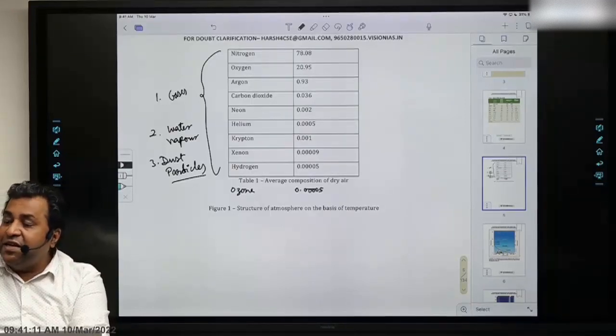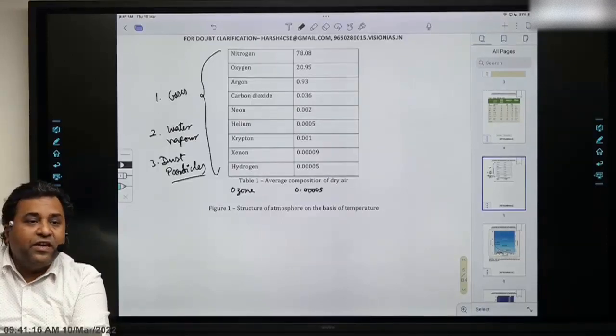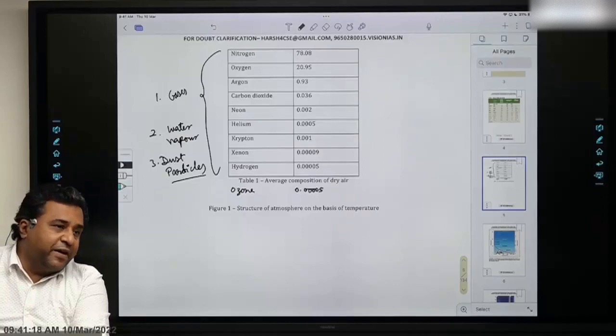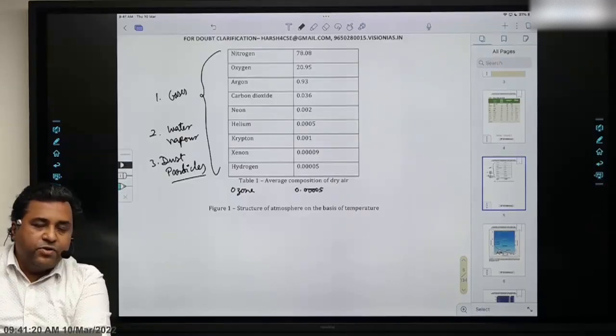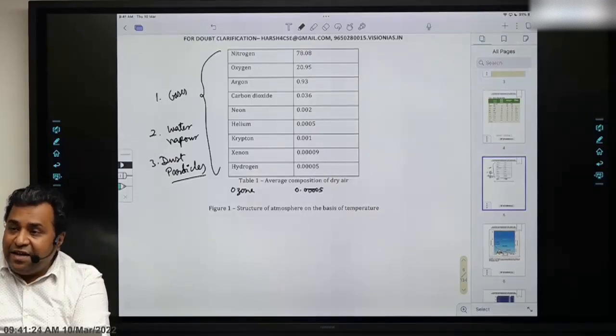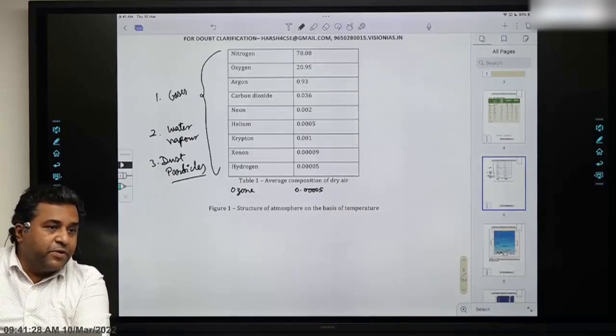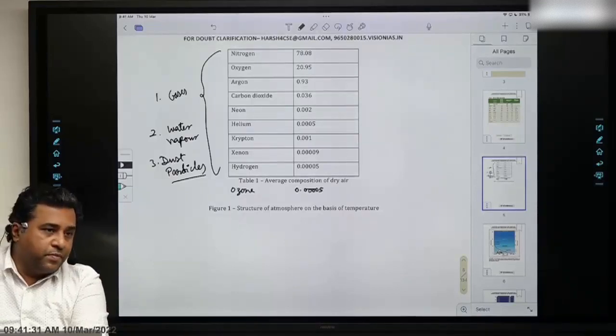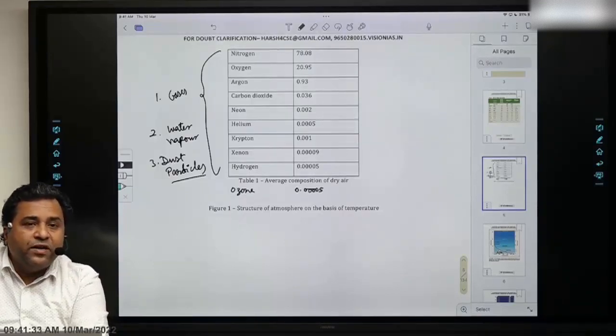Whereas regions which are relatively dry, such as deserts and all, there will be relatively higher dust particles in the air. Okay? So drier areas would generally have higher dust particles and rainier areas would generally have fewer dust particles, because the dust particles get washed down. Okay? So please do write that also.